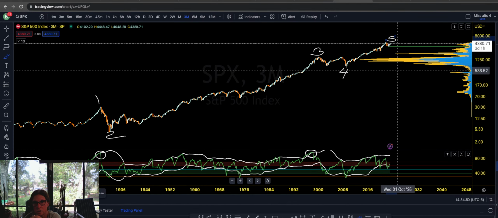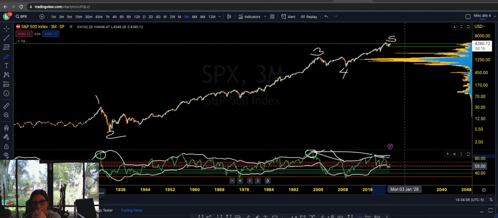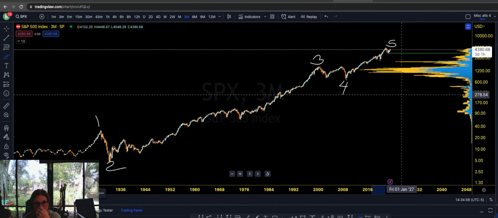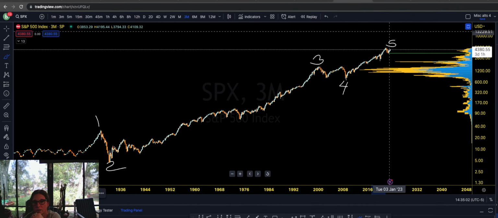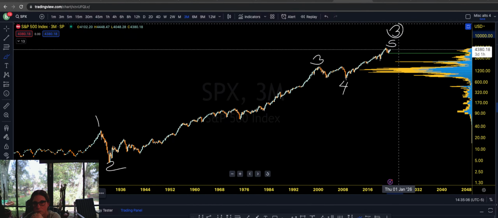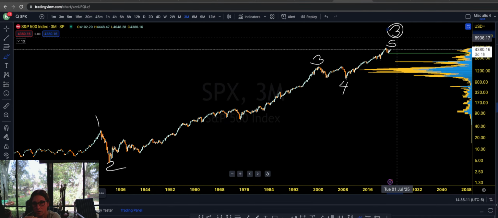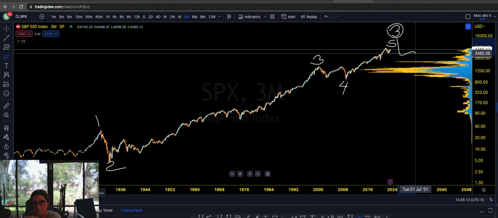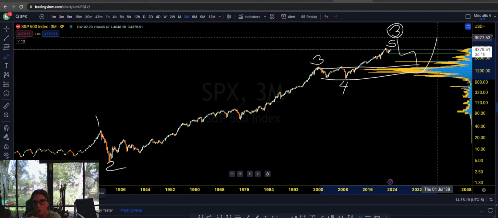The big question is, and you can see the divergences we've had here, is this going to be the top of a primary third? And if this is done, is this going to be a fourth that's going to pull back into this fourth territory? Remember, they need to hold and then go up for a fifth.